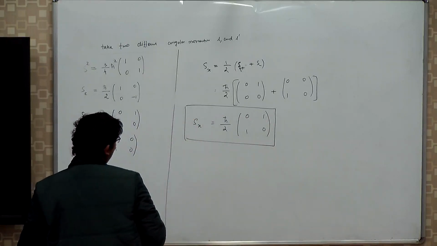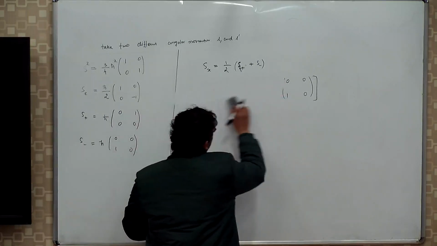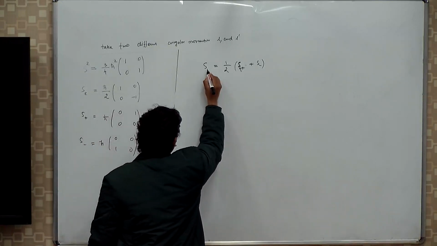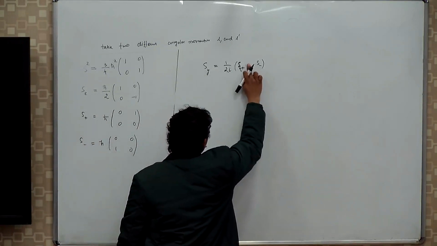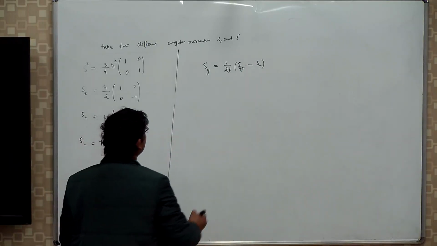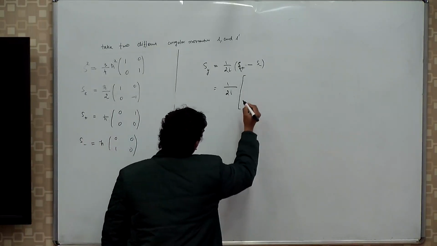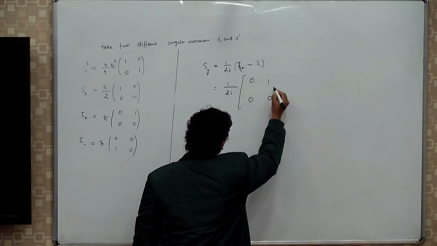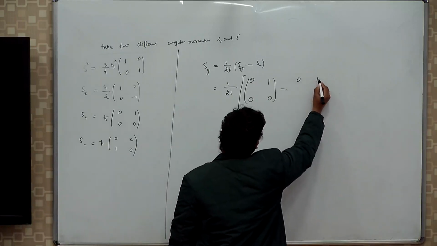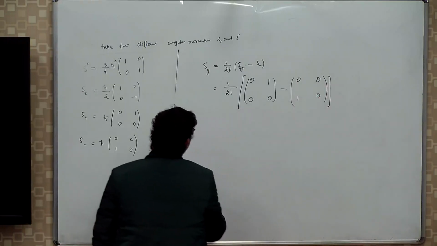Then for finding the Sy operator, we have to take the difference of the raising and lowering operators. Sy is 1 over 2i times S plus minus S minus, so this is 0 1 0 0 and minus 0 0 1 0, we have to subtract.